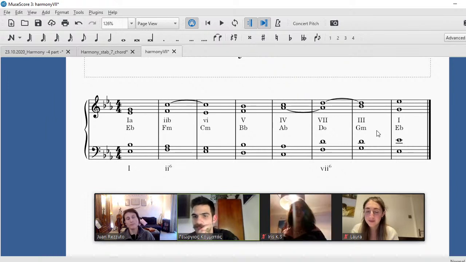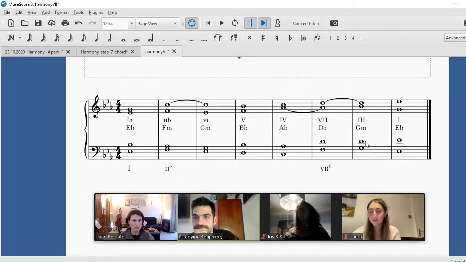I mean, it's true, it depends on whether you are in first inversion, second inversion, or root position, you're going to decide which note to double. But in this case, as you said, it happens to be the leading tone. What happens if you put a D? I mean, of course, parallels. But also before that, we also have two leading notes.